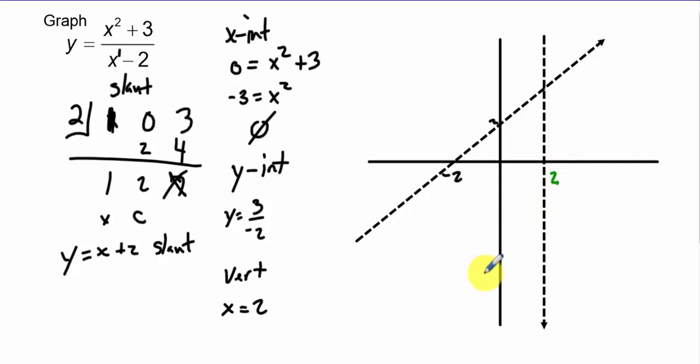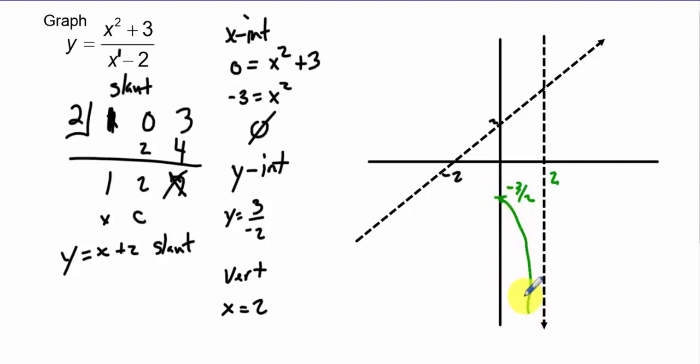We know this is 2, and we have no x-intercepts. We do have a y-intercept of -3 halves. If I have no x-intercepts, it can never cross the axis, so I really don't need to pick any points to finish this graph.